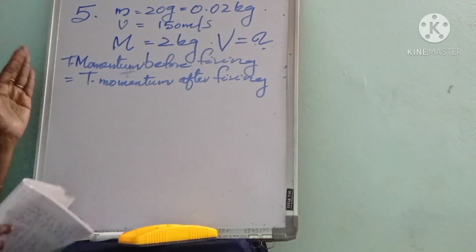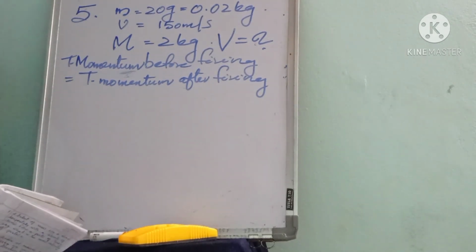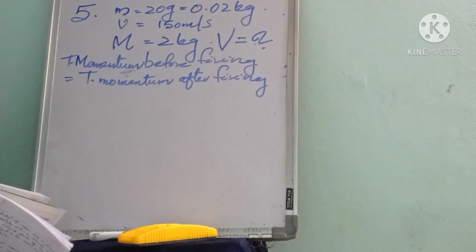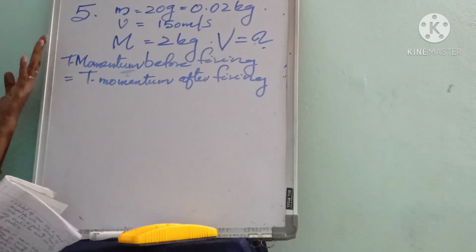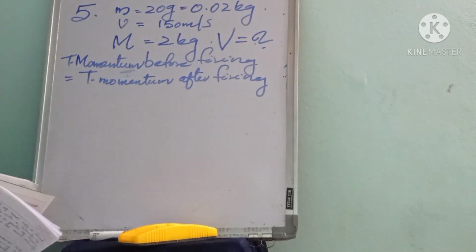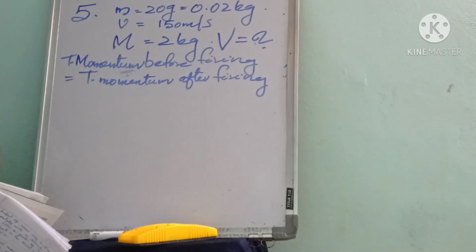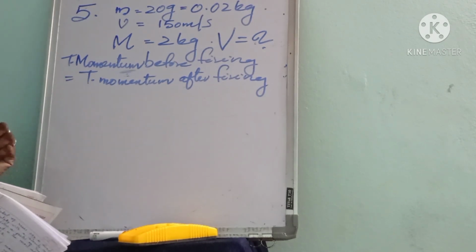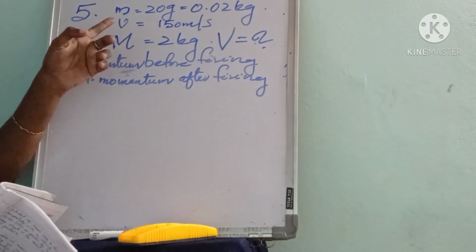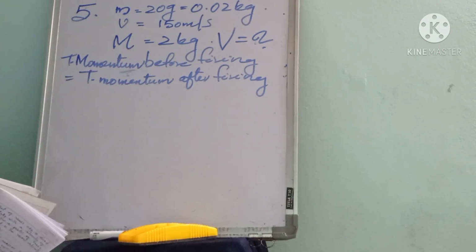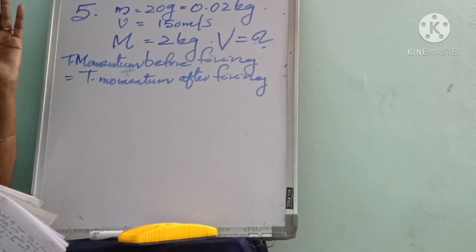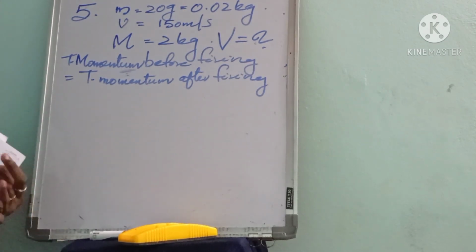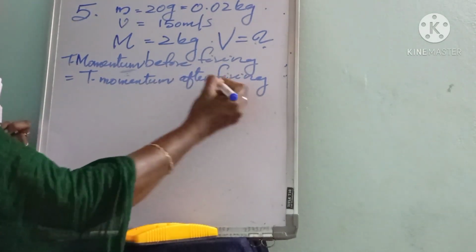Before firing, both the bullet and the pistol are at rest. What is the momentum of the bullet? It is m into u, with initial velocity u, but initially the bullet is at rest, so its momentum is 0.